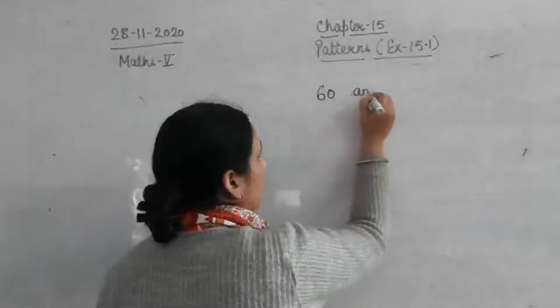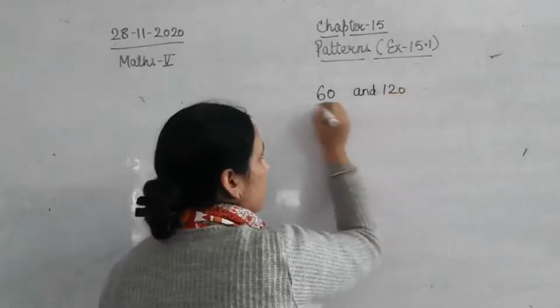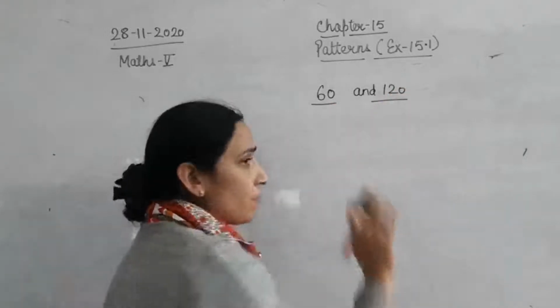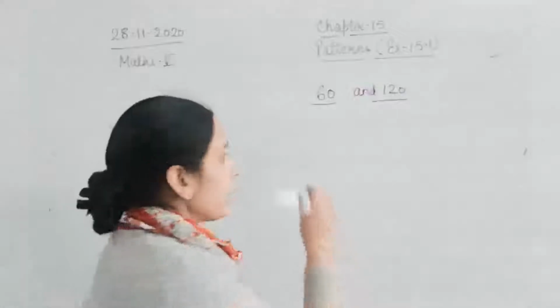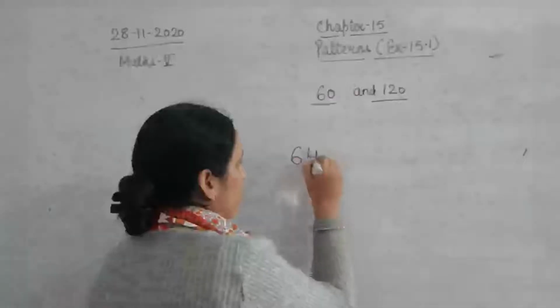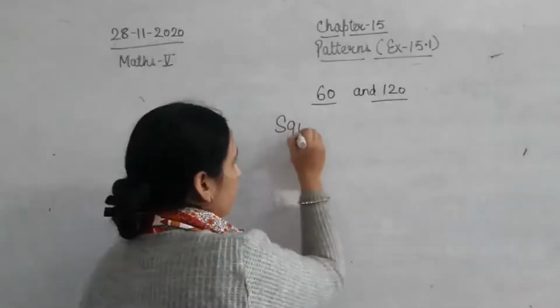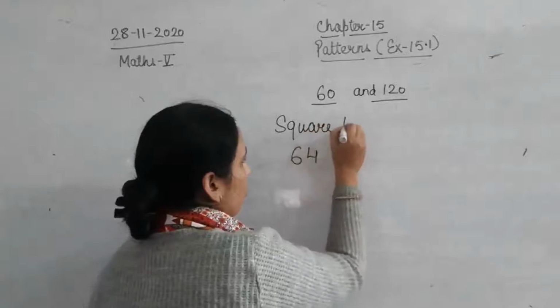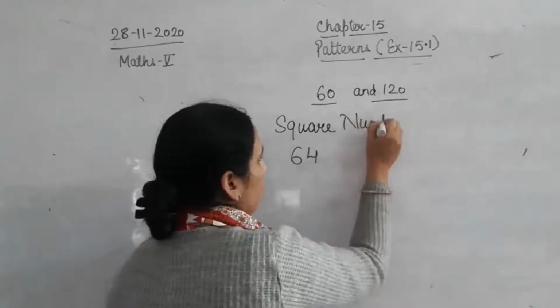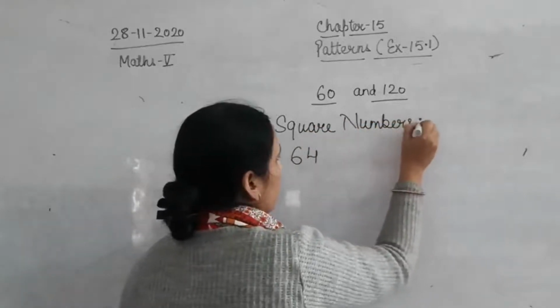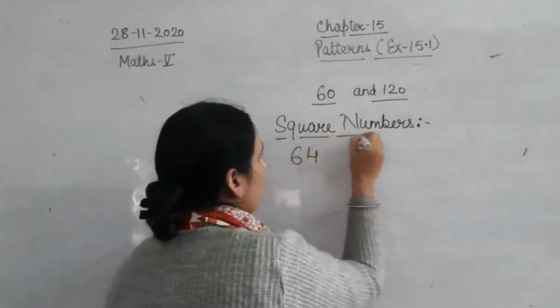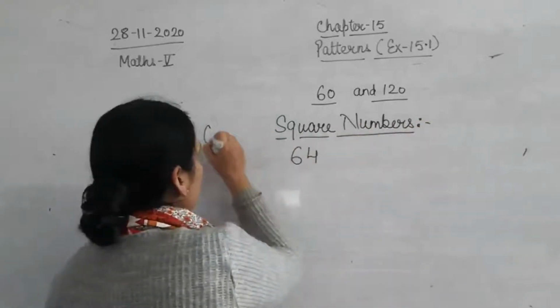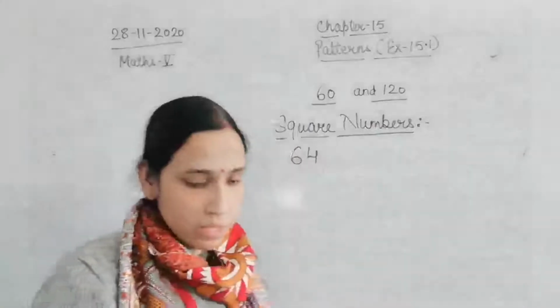60 and 120. Well, start with 60. After 60 we will have 64. Square numbers you will write down in your copy.